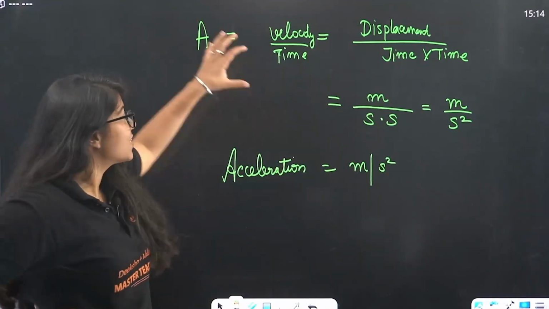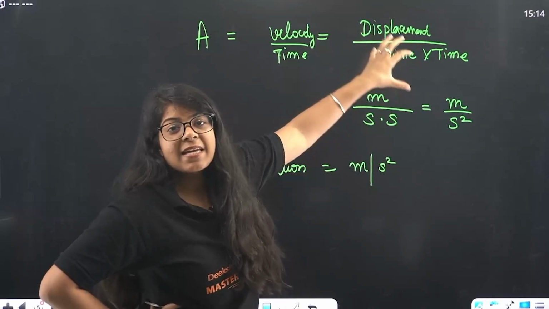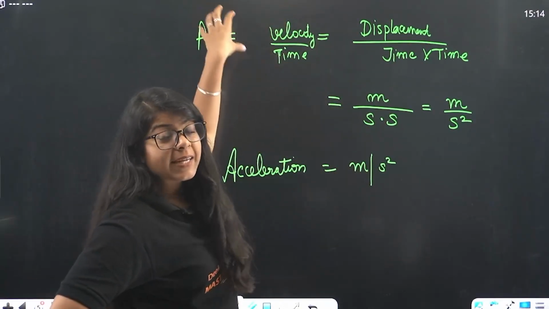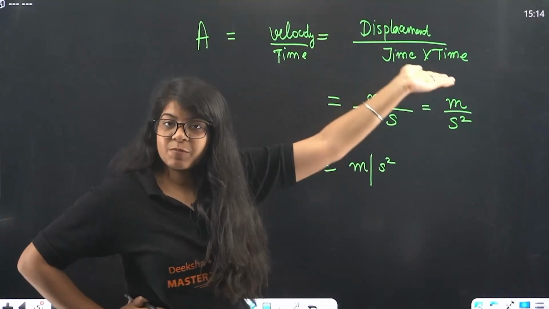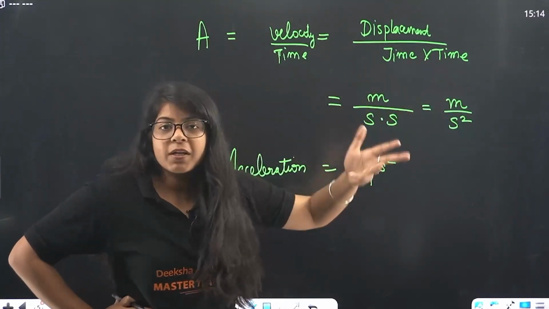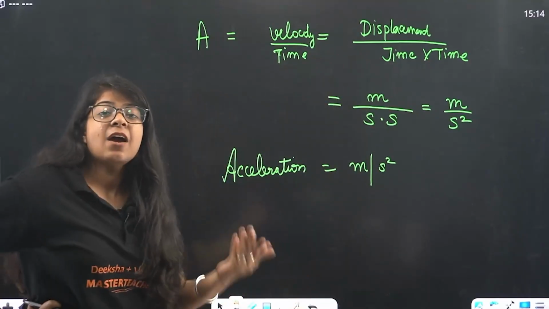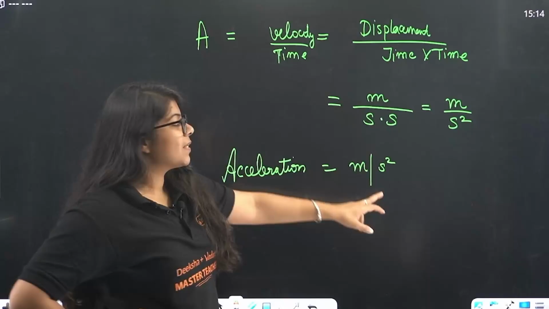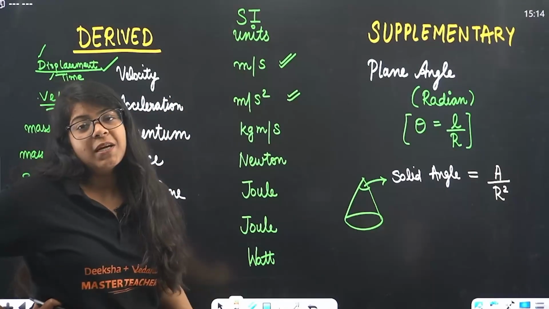See, this can be written as a mixture of fundamental quantities, or it can be derived from fundamental quantities. But can displacement be broken down further? No, it can't be. Can time be broken down? No, it can't be. And it has SI units, meter per second square, and hence we have the acceleration unit as meter per second square.